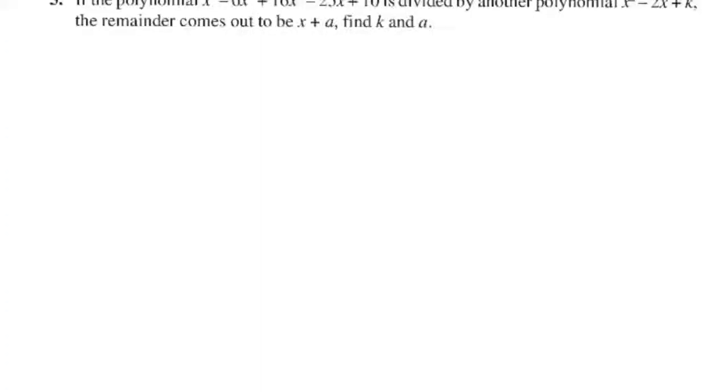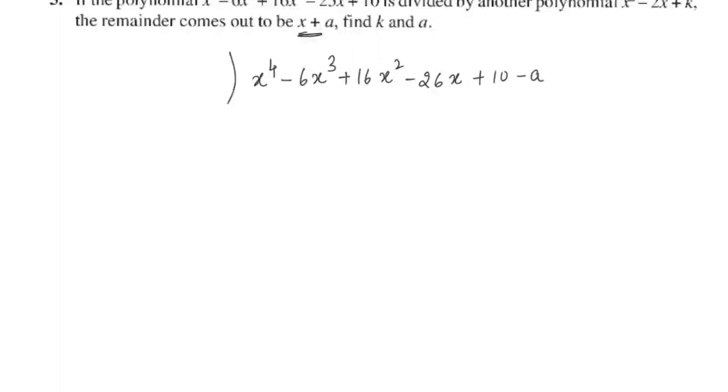So subtract the remainder from the dividend: x to the power of 4 minus 6x cube plus 16x square minus 26x, because I am subtracting x plus a from the polynomial, plus 10 minus a.